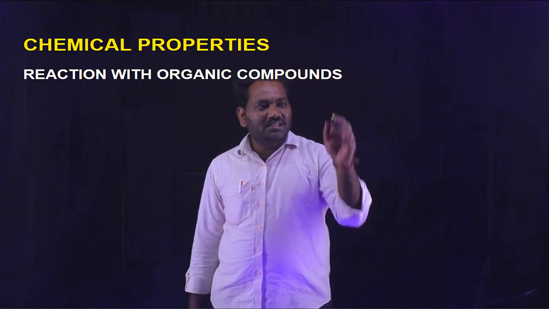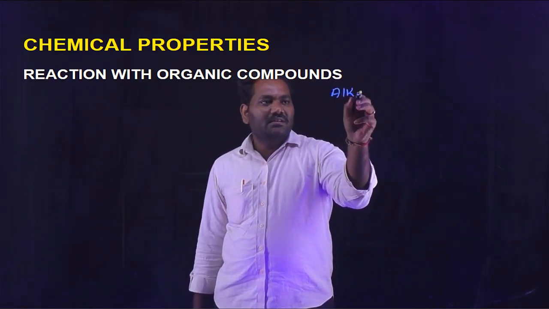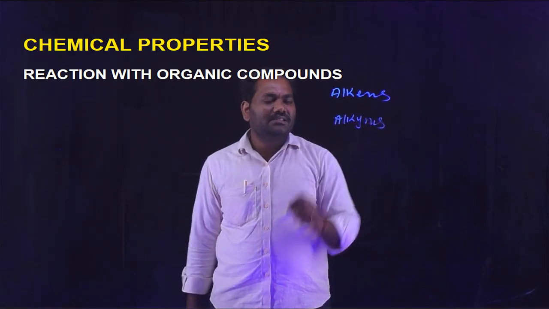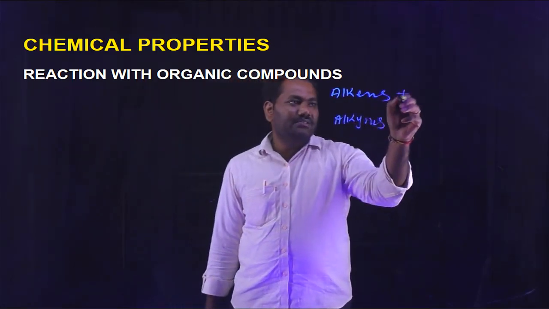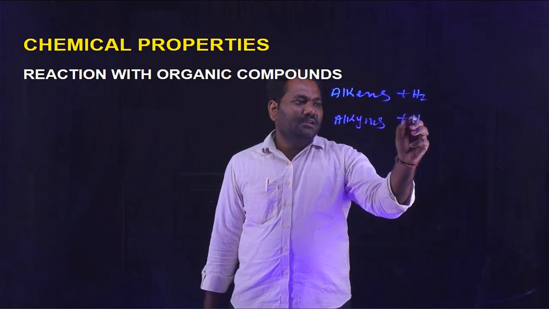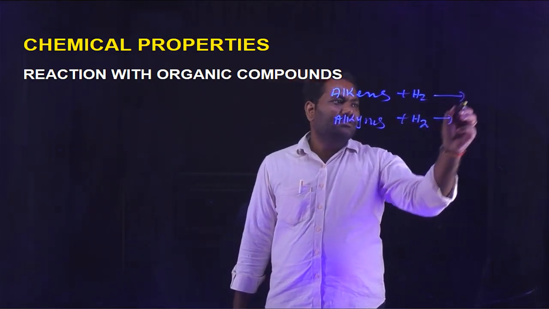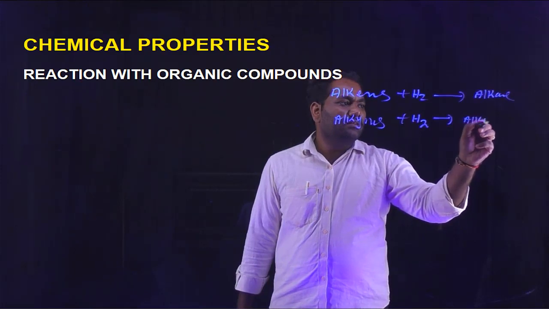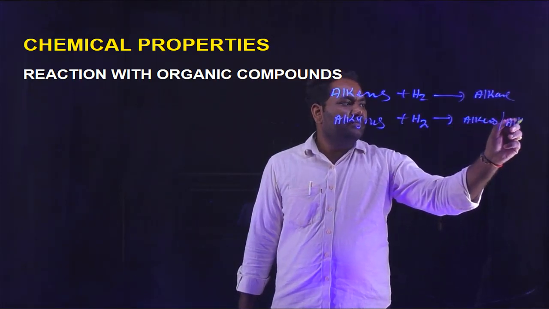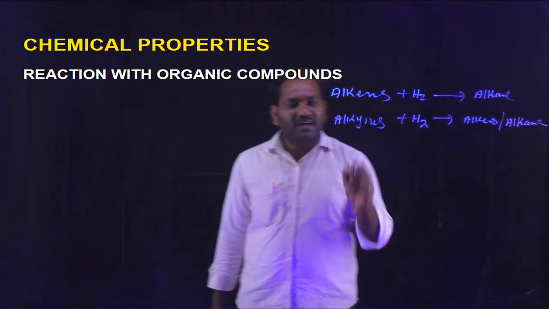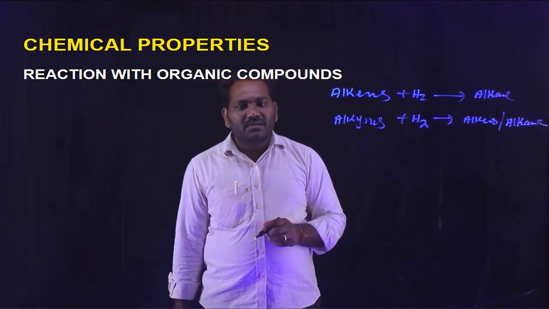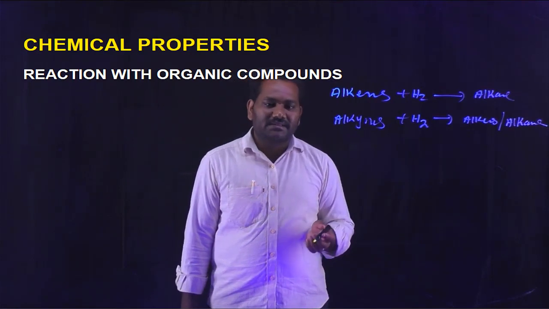For example, unsaturated compounds like alkenes and alkynes react with hydrogen and undergo reduction to give alkenes or alkanes. Alkynes undergo partial reduction to give alkenes, and complete reduction to give alkanes.